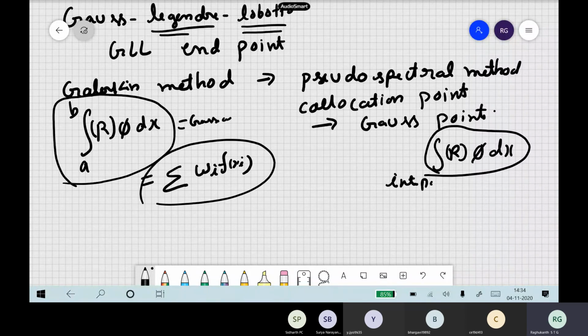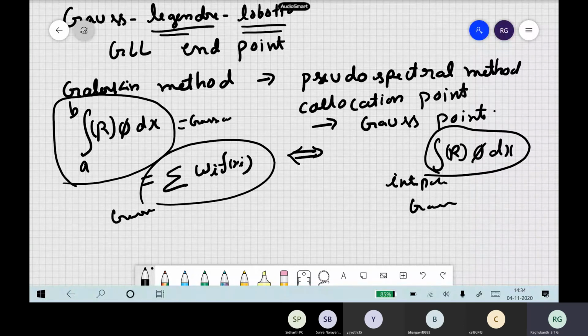You follow, right? So if you are taking the same points, and here also you are using Gaussian quadrature and Gaussian points, both of them will give you the same solutions. This is a very important thing. So if somebody asks you what you mean by pseudo spectral method, you should say that it is basically a collocation method only.